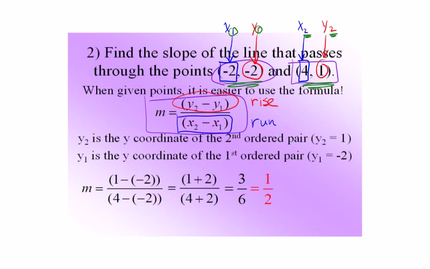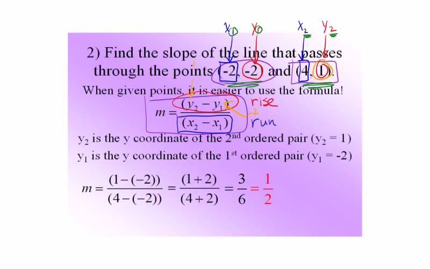All right, so now we can plug this into our formula. It's y2 minus y1, right? So I'm going to put y2, which is 1, in the y2 spot. So I'm going to put 1 in right here. And then y1 is -2, so we're going to put that -2 in here.